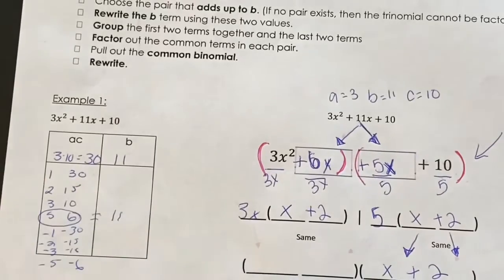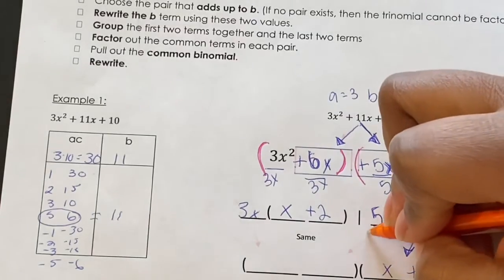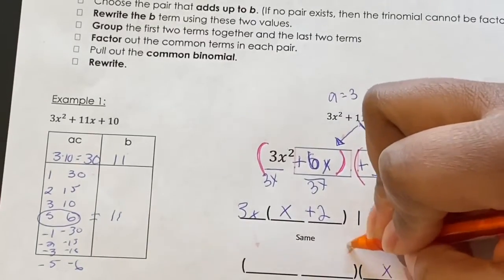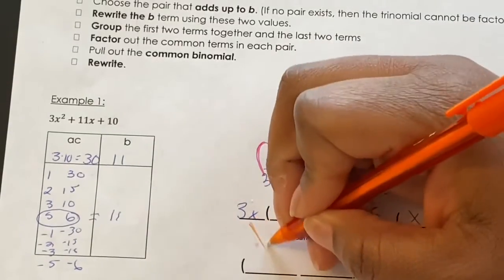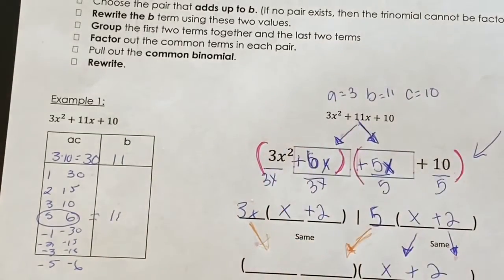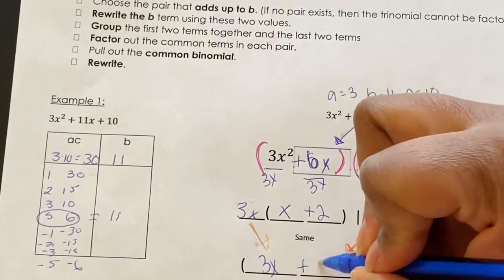And then we're going to take these two GCFs, this GCF of 5, and this GCF of 3x, and we're going to put those two together. 3x plus 5.